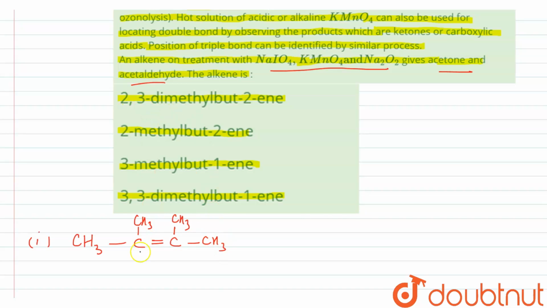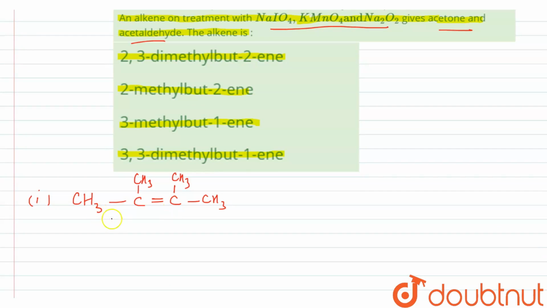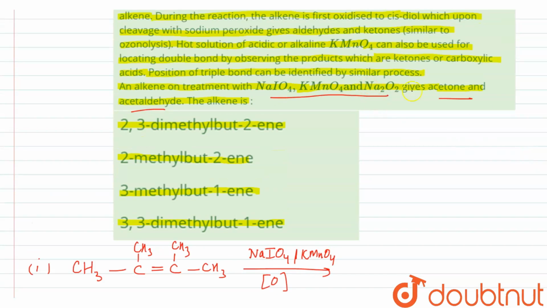The second and third carbon has a methyl group, and the butene has a double bond at the second carbon, and 4 carbons are attached. So this is 2,3-dimethyl butene. If it is undergoing reaction in the presence of NaIO4 and KMnO4, these two are strong oxidizing agents, so this will undergo oxidation as given in the question.